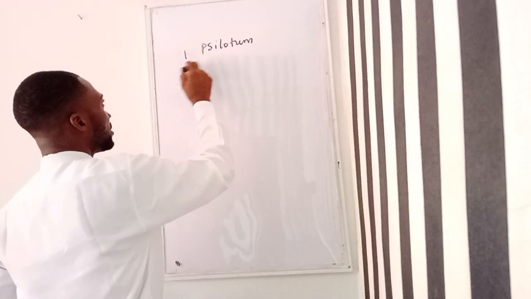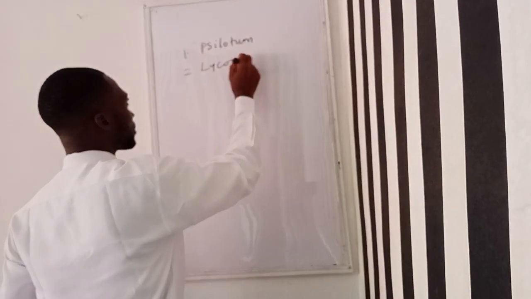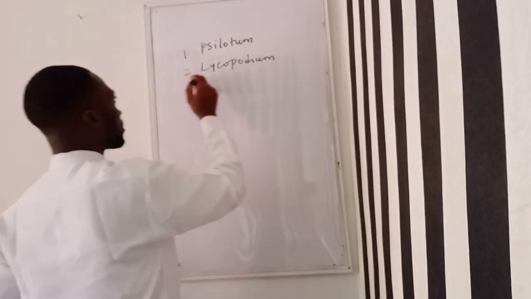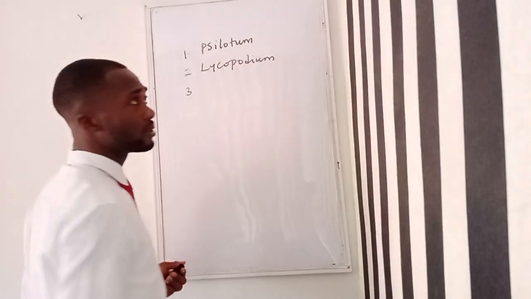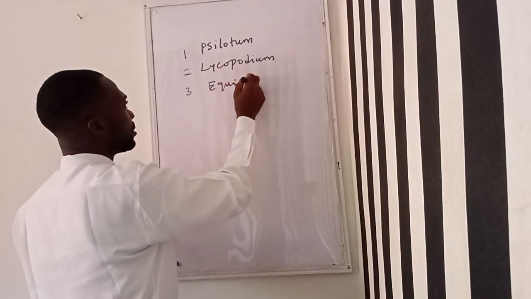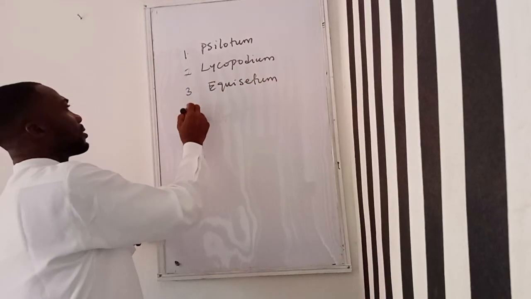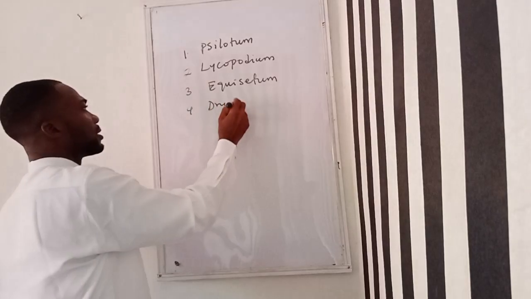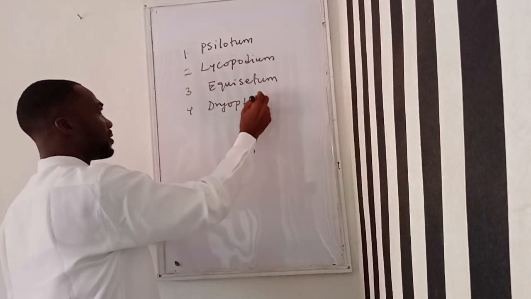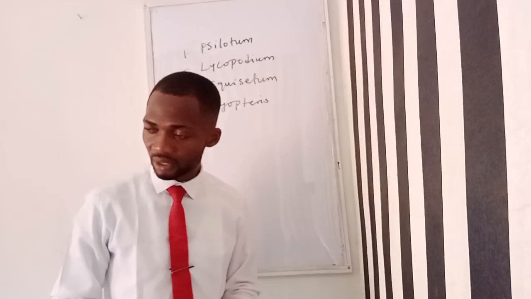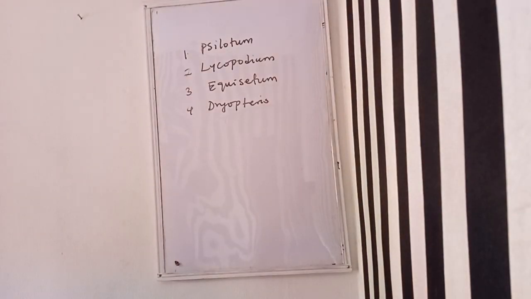Then the second one is Lycopodium. Then we look at Equisetum. Then we'll look at Dryopteris, the one you could call the fern. That is what we'll be looking at.